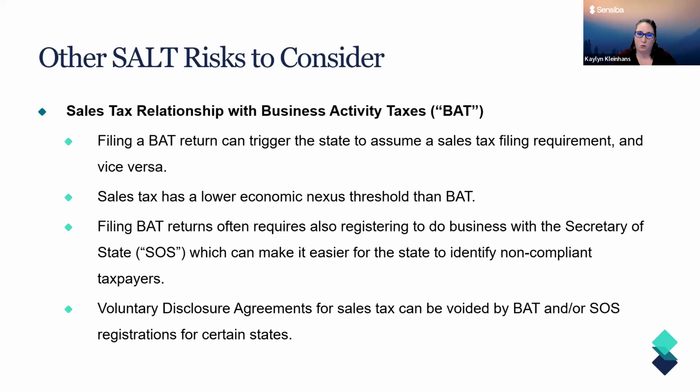Now, there are states where it ranges from as low as $100,000, meaning it matches the sales tax economic nexus threshold rules, or it far exceeds it, with other states looking at $4 million. So there's a wide range of economic nexus when you consider BAT taxes, but generally, because most states have a threshold of about $500,000, it's assumed that if you're reaching $500,000 for a BAT, you then subsequently have economic nexus for sales tax, since that threshold is $100,000.